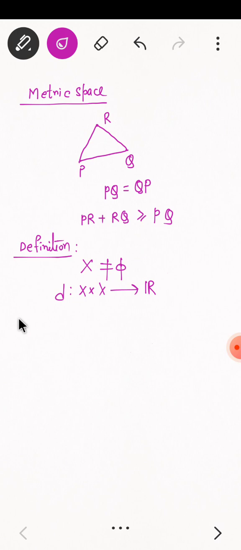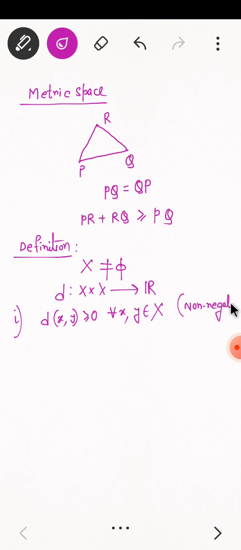If D has the following properties: the first property is D of xy greater or equal to 0 for all x, y belonging to X. This is the non-negative property.